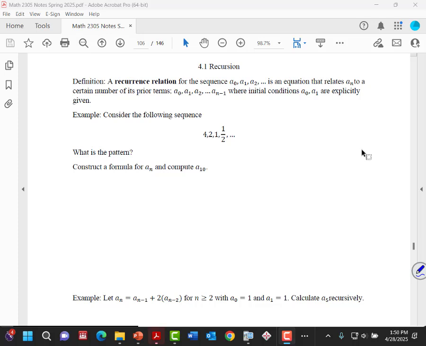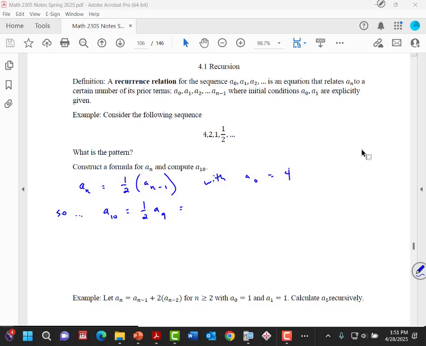So hopefully we can see that A sub n simply equals 1/2 A sub n minus 1, meaning the current term equals half of the previous term, with A sub 0, the first term, being 4. So A sub 10 is simply 1/2 of the previous term, which would be A sub 9.